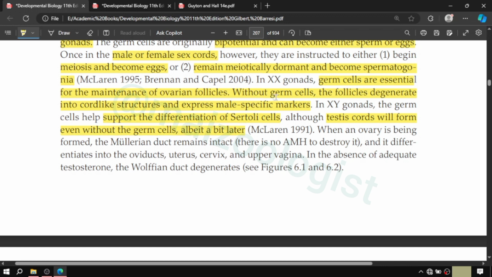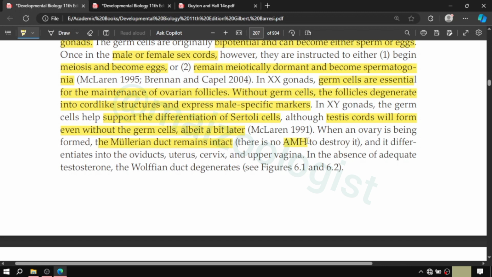So in females, development is entirely dependent on the presence of germ cells. However, in males, they have just a supporting role and not a vital role.